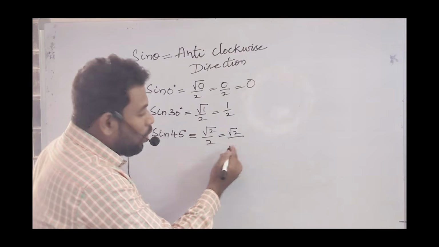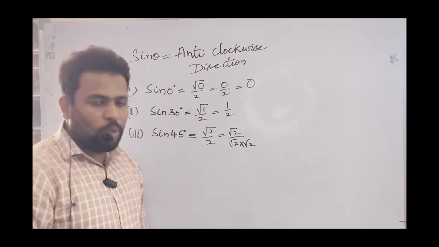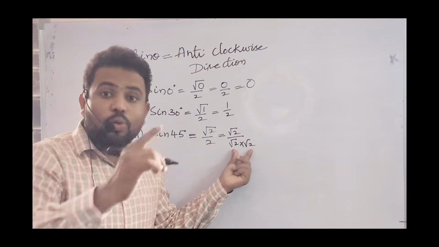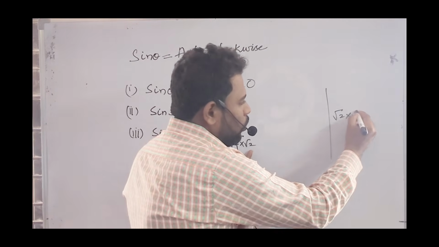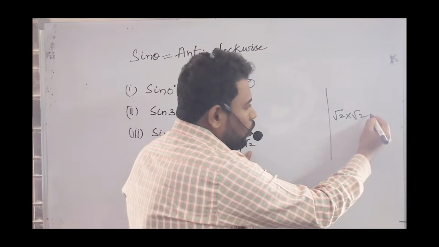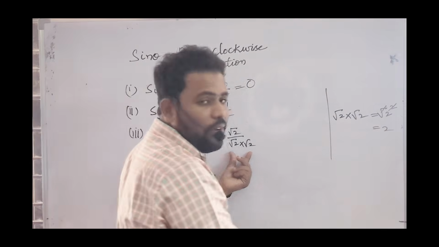Here, the 2 in the denominator we can also write as root 2 into root 2, because root 2 into root 2 becomes root 2 square, the square root gets cancelled, and we are left with 2.